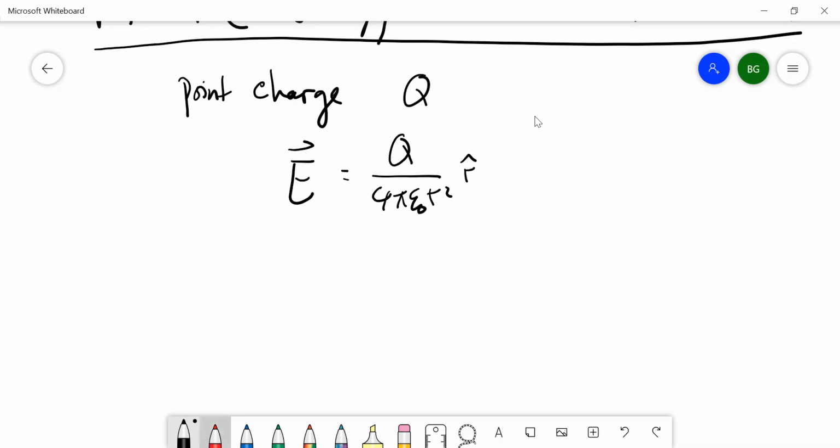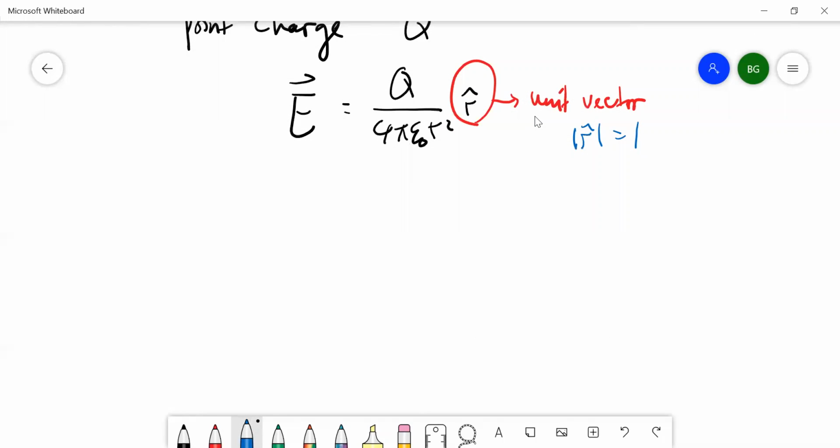Okay, so this is the unit vector. Unit vector means the magnitude of the vector is 1.